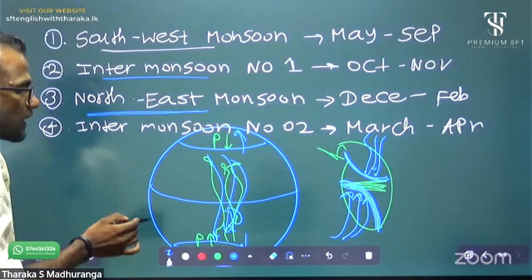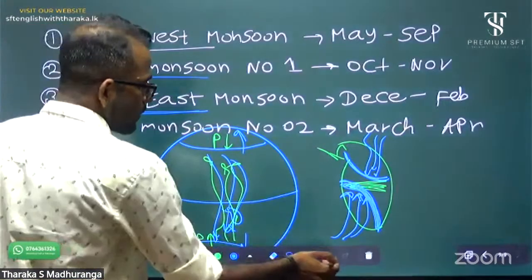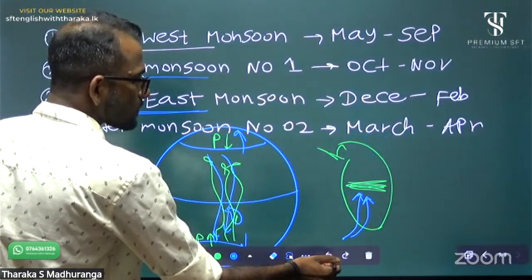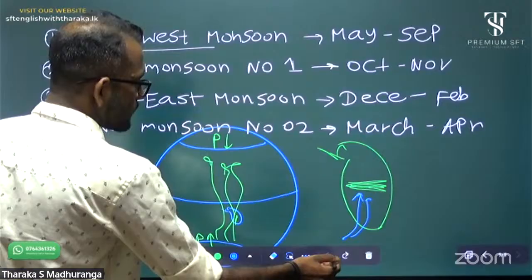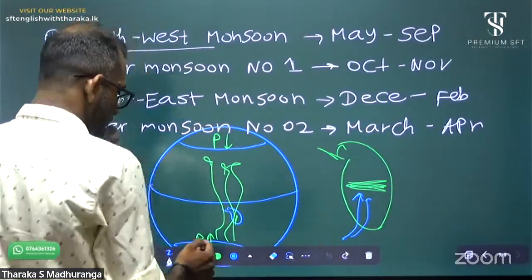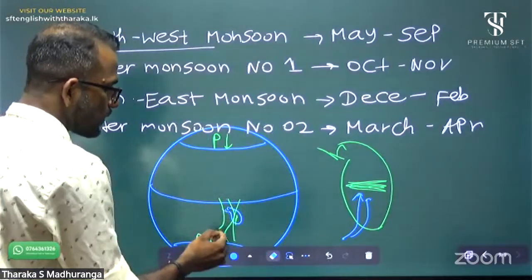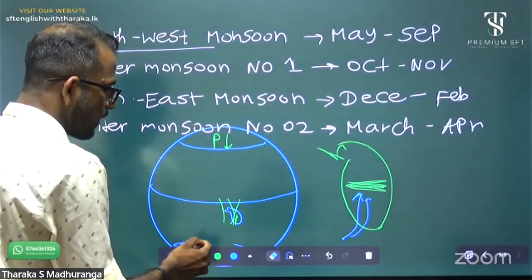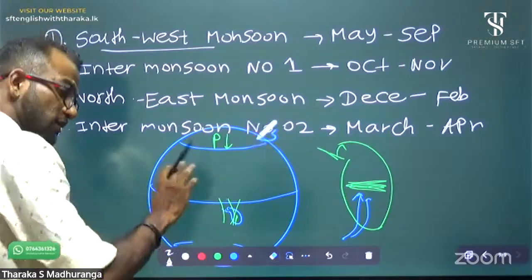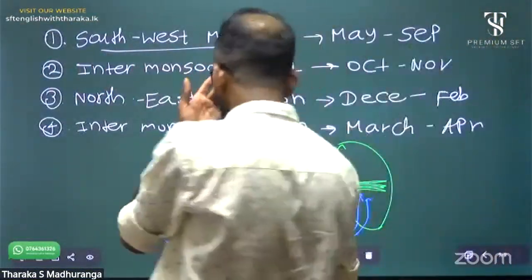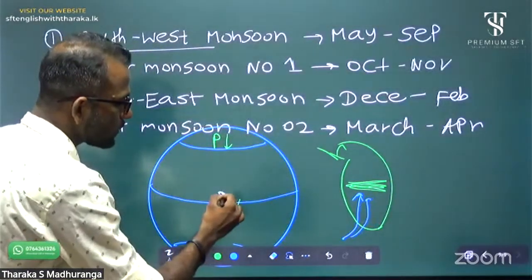But if a low pressure area forms close to our country, it's an abnormal condition. It's natural, but it is not a normal scenario, right?